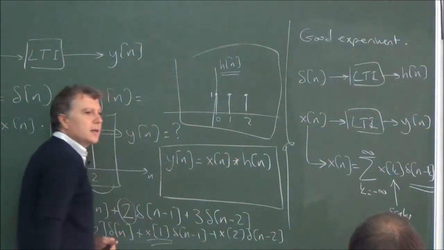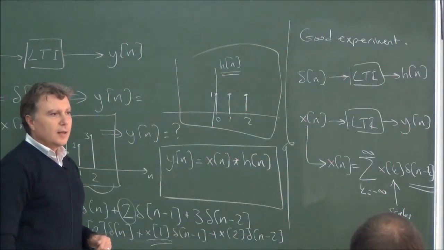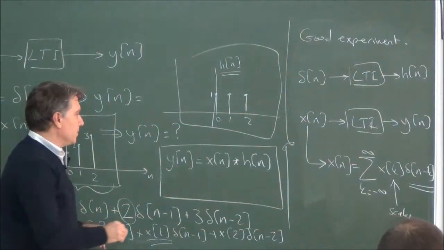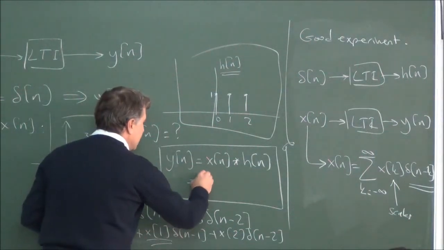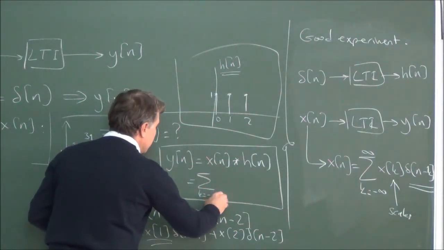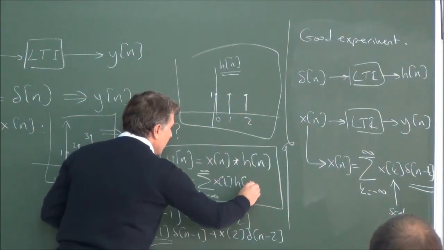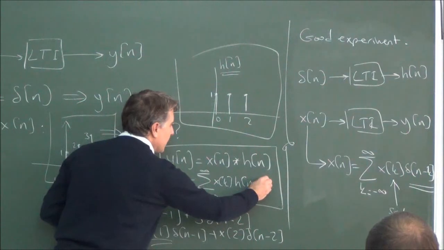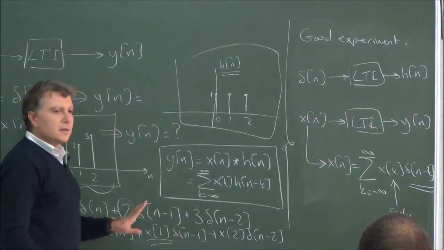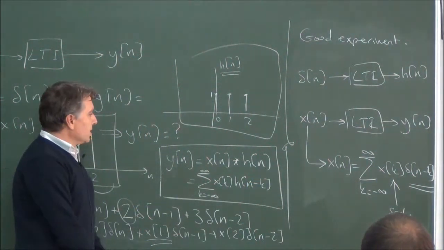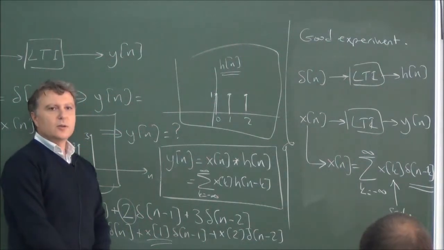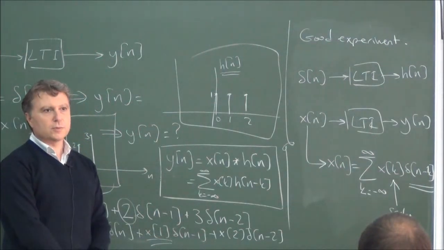And you use a star in between. That is the notation for convolution. And that is equal to summation from minus infinity to infinity x of k h of n minus k. This is our famous linear and time invariant system response formula, also known as, I say, convolution.